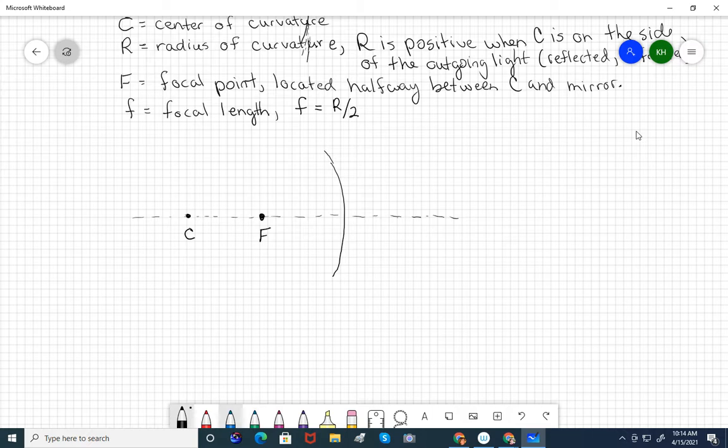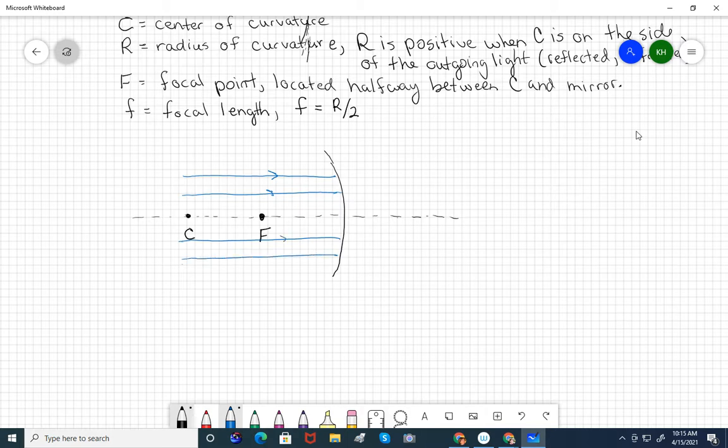If we have beams of light that are parallel, any ray of light that is parallel to the principal axis coming in is going to reflect off that mirror in such a way that it goes through the focal point.